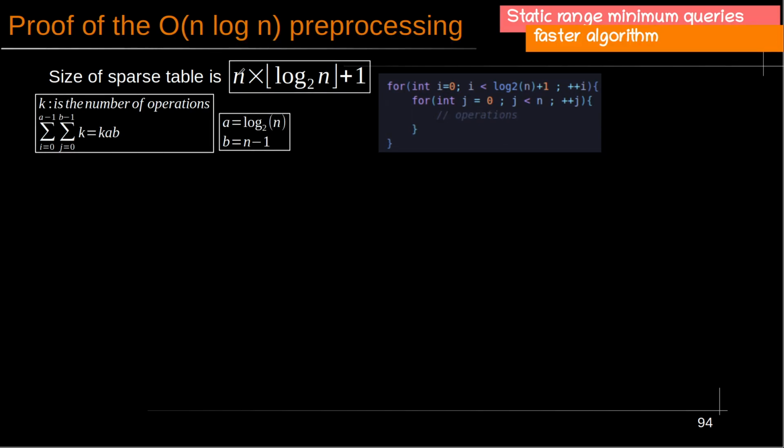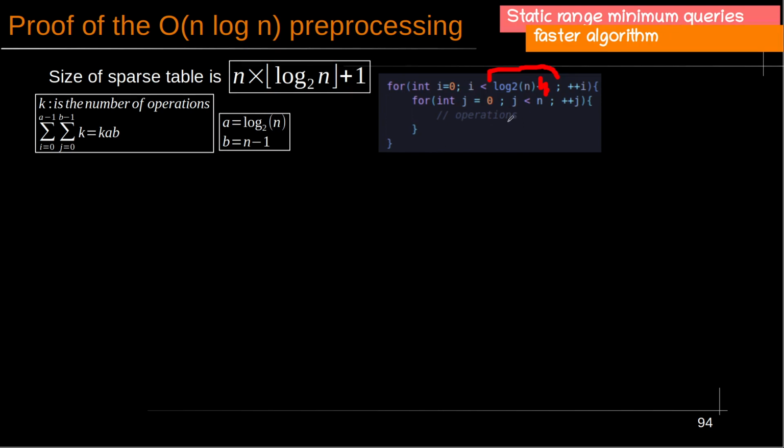We know that the size of the sparse table is n times the floor of log base 2 of n plus 1. We can say that we use these two nested loops with A equal to log base 2 of n, because we don't reach plus 1 here, and B equal to n minus 1, because we don't reach n.